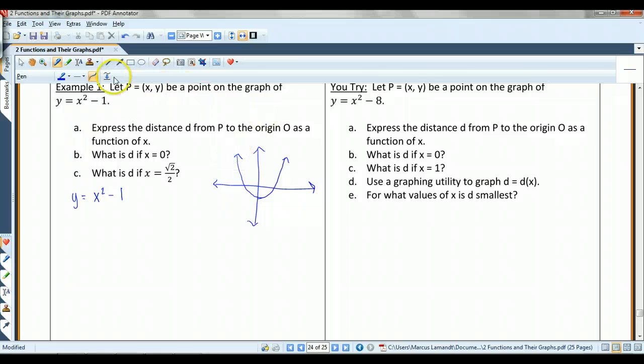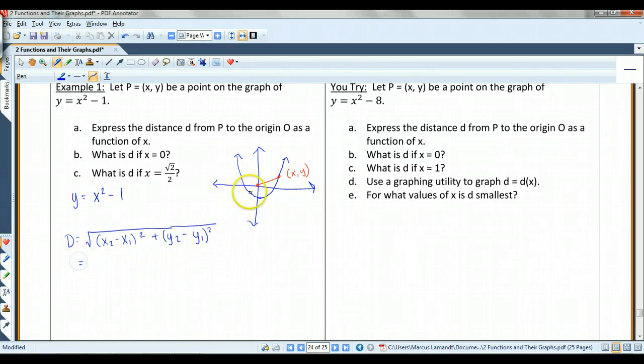They're looking for the distance from the origin, right here, to some point (x, y) on the graph. In order to find distance, we're going to use the distance formula, which is the square root of (x2 − x1)² + (y2 − y1)².